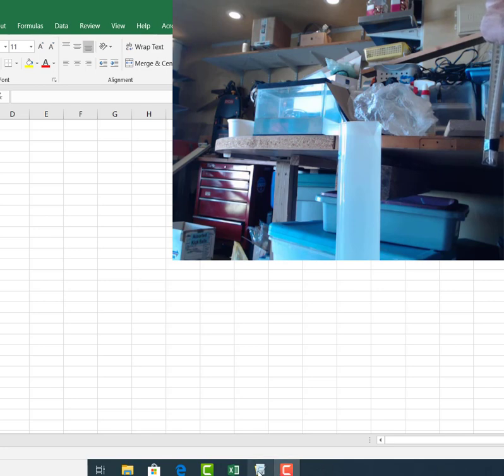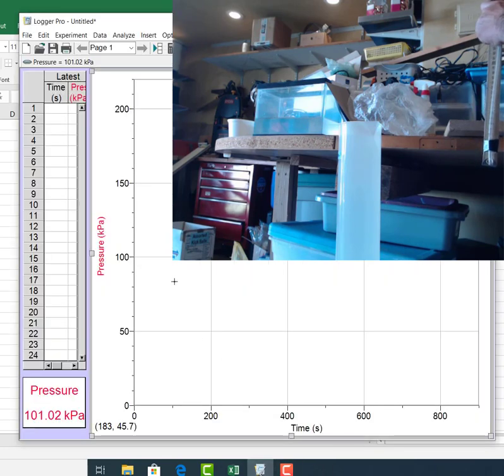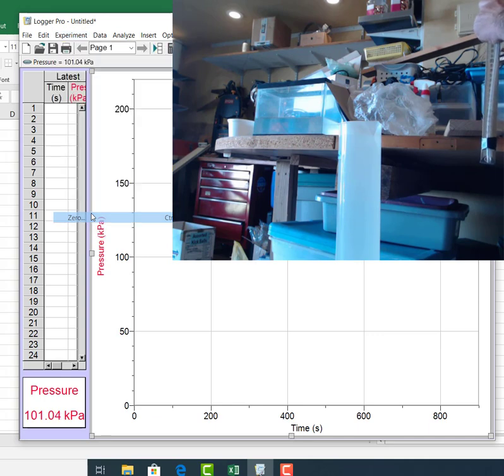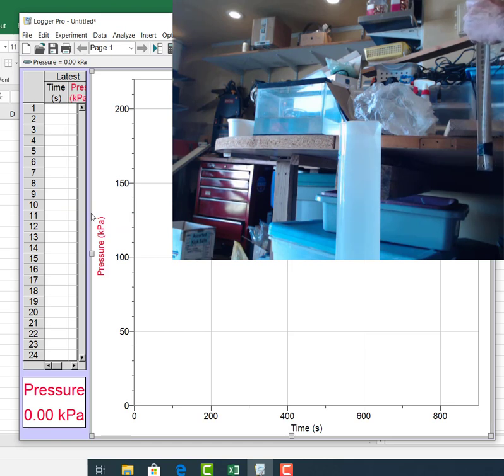So I'm going to let you see Logger Pro while I'm doing this. Before I put the hose in, I'm going to zero it. So now atmospheric pressure is 0. I'm actually measuring the gauge pressure rather than the absolute pressure.